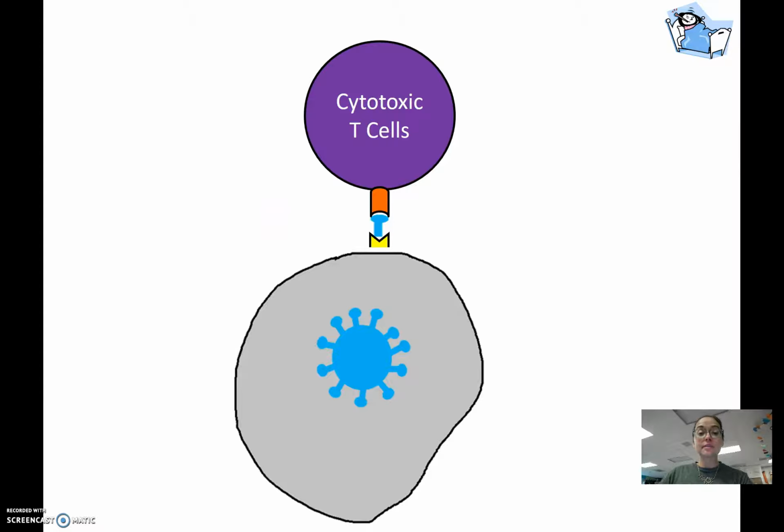Now, the way killer T cells work is that they are activated by cytokines, which come from helper T cells, which we're going to talk about in a few minutes.